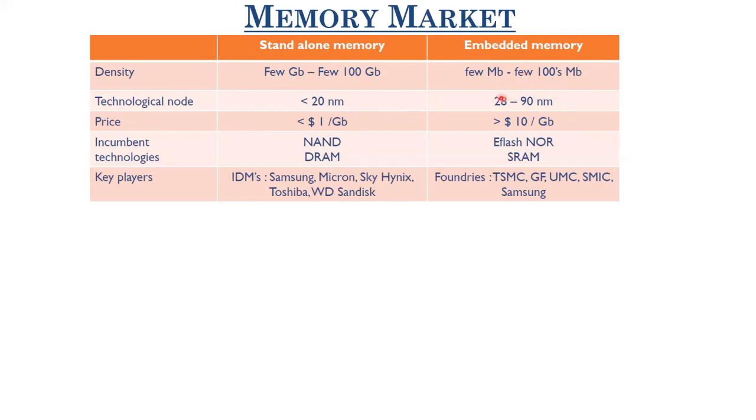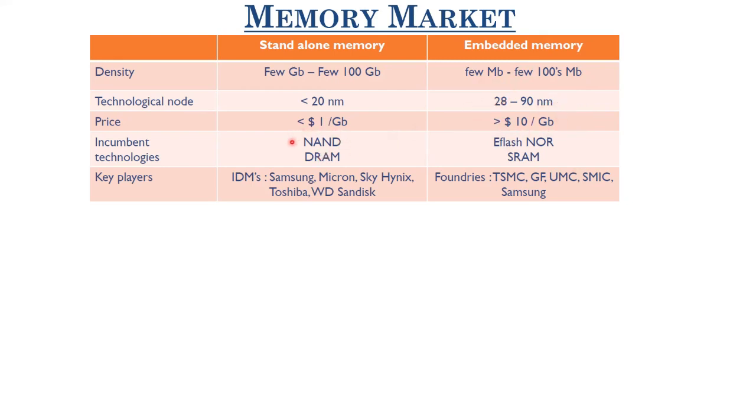So typically, in VLSI, cost is a function of area raised to power 4. Since these SRAMs and all, their area is large, therefore their cost is also large. So you can see that their cost is typically greater than $10 per GB, right?